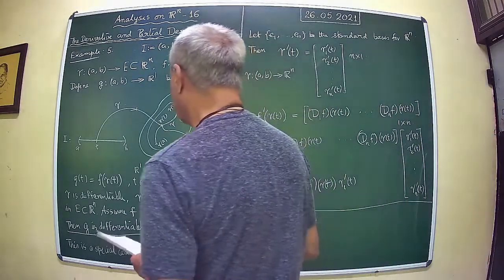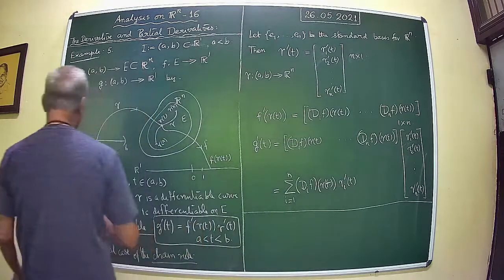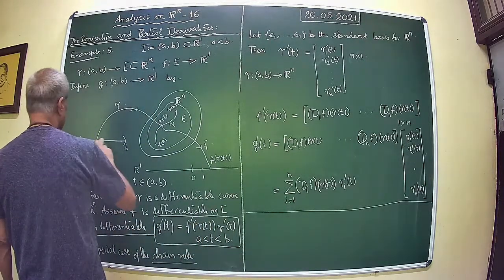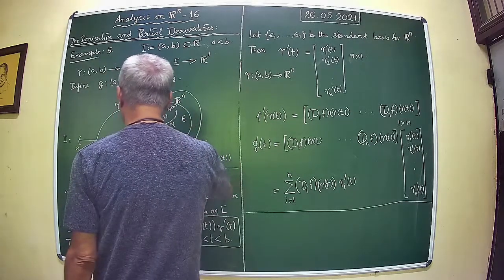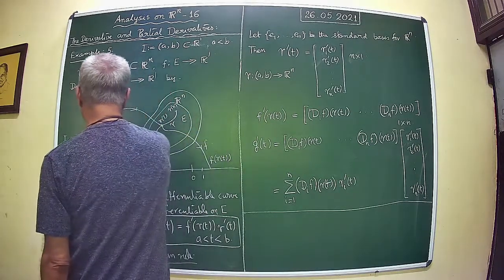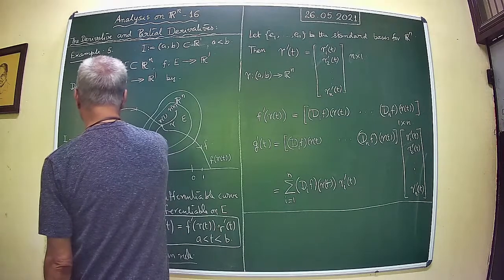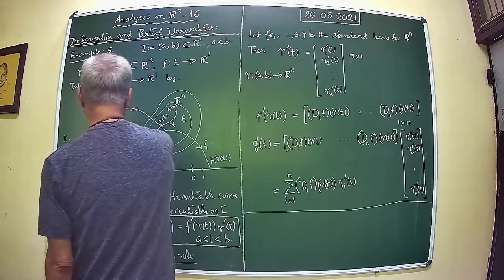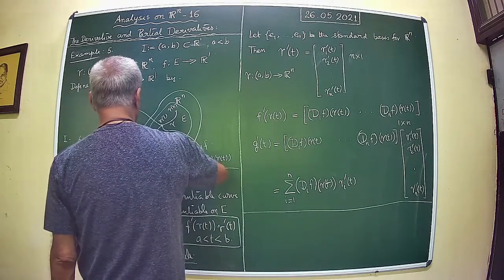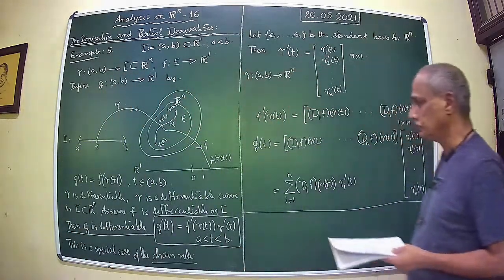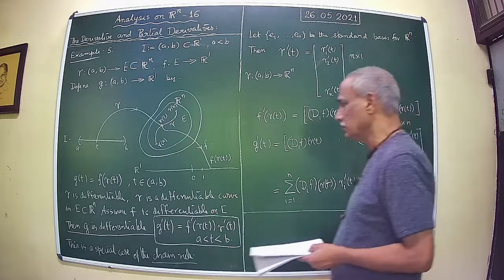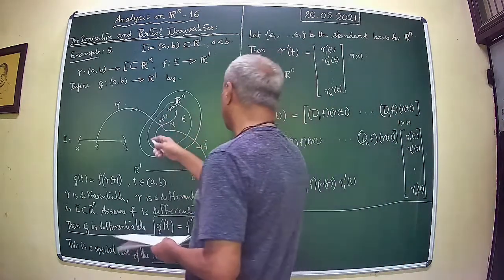In the dynamical scenario, t is taken as the time variable. This is the space in which you are moving, so you have time moving from A to B. As you move from A to B, you are moving along the curve gamma t in E. Now evaluate something corresponding to this.